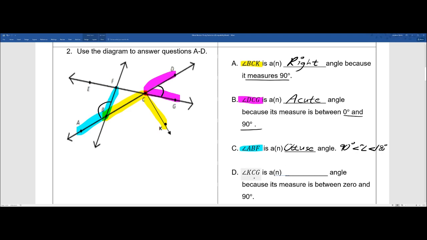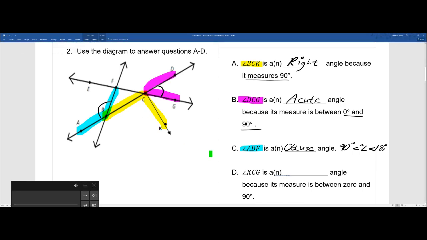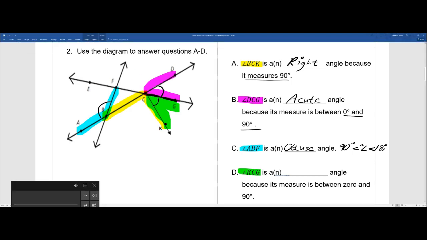All right, last one up, KCG. Okay, it'll be right there. And if you notice, that one seems pretty adorably acute.